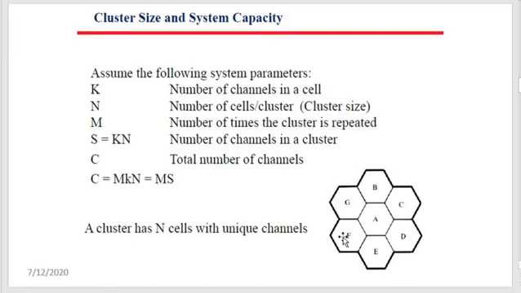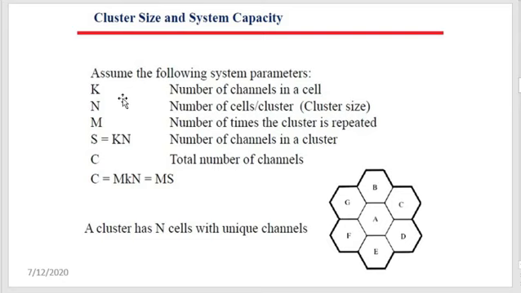An urban place having big buildings will have more channels as compared to rural or remote places. You know why? Because where there is more population, there will be more phone calls, so we have to allot more channels. But in this calculation, we are assuming that all cells have an equal number of channels.